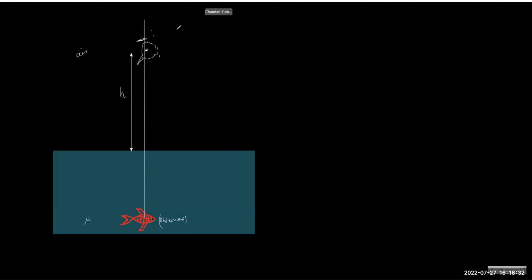First of all, you just draw the ray diagram to find the apparent height of the kingfisher with respect to the fish. Now the fish is the observer.